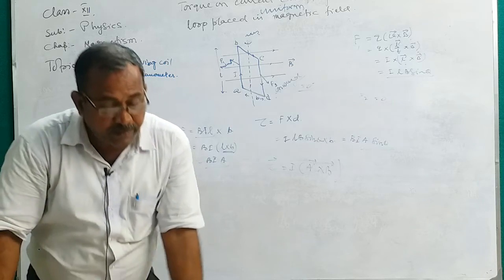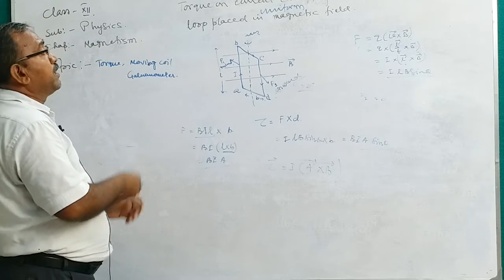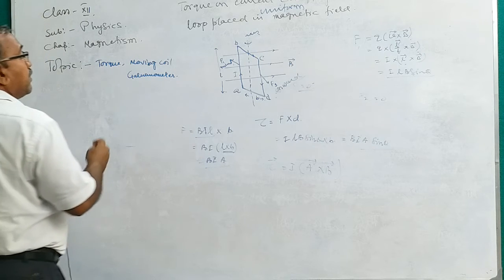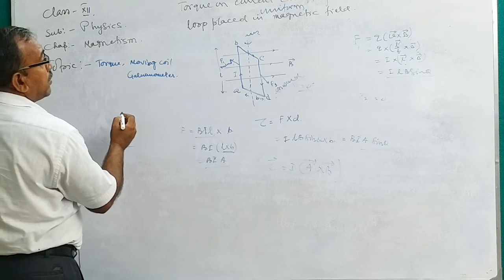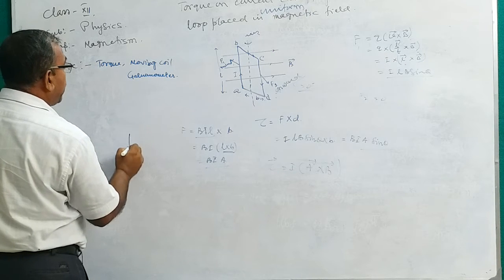Current loop as a magnetic dipole. According to the direction of the current, a magnetic pole is created.